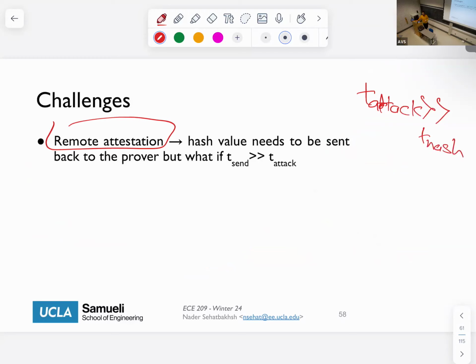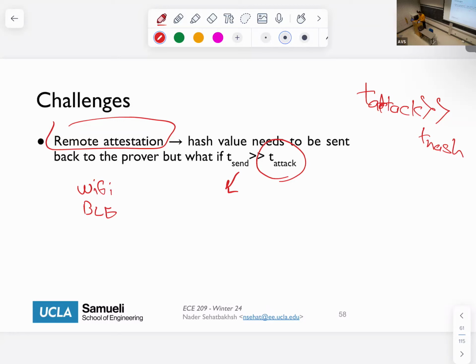But the biggest challenge that I'm facing is that we're usually talking about IoT systems, Wi-Fi systems, which require some form of Wi-Fi connection or some form of Bluetooth connection. And what we found is that the time for sending this response is usually significantly larger than any hash computation or any attack calculation, because we're talking about milliseconds or even more just for sending the data.